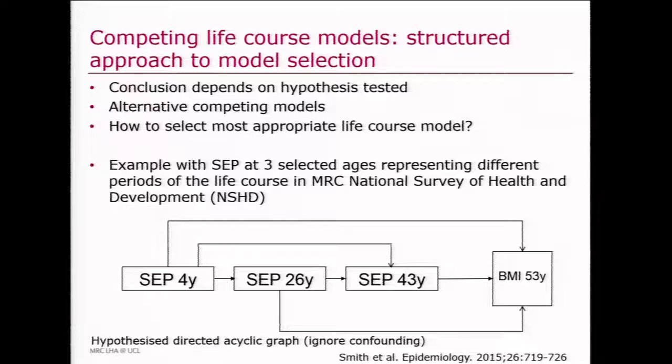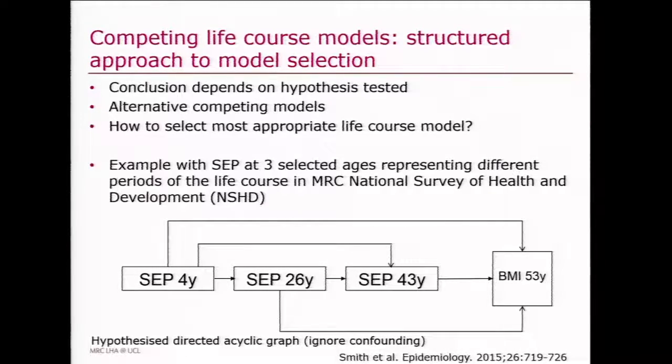So I'm going to use the example that we used in our original paper, which was first authored by Geeta Mishra. And this was an example with socioeconomic position at 3 selected ages, representing childhood, early adulthood, and midlife in the NSHD. And to make this work, we had to categorize into manual and non-manual classes, so we had to have binary outcomes.